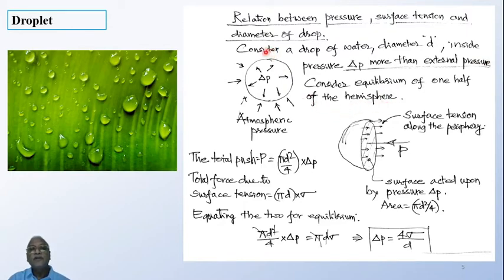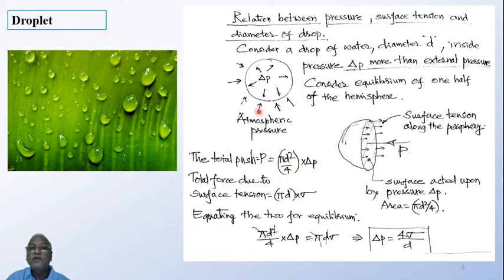When you cut this into two halves, obviously the diameter remains D, and inside, the surface area of a circle, pi d squared by 4, is acted on by a pressure of delta P. So there is a resultant push P, which will be equal to pi d squared by 4 multiplied by delta P. So the total push will be this much.